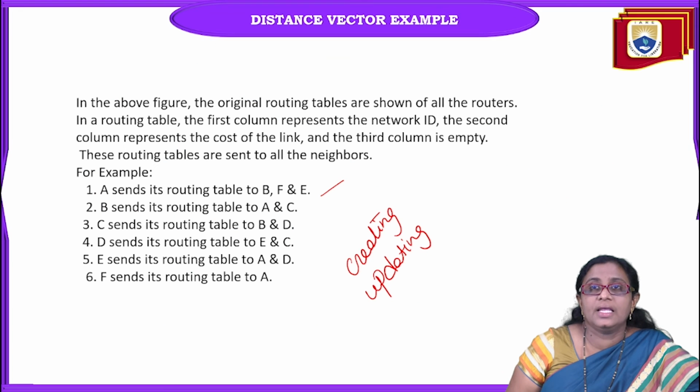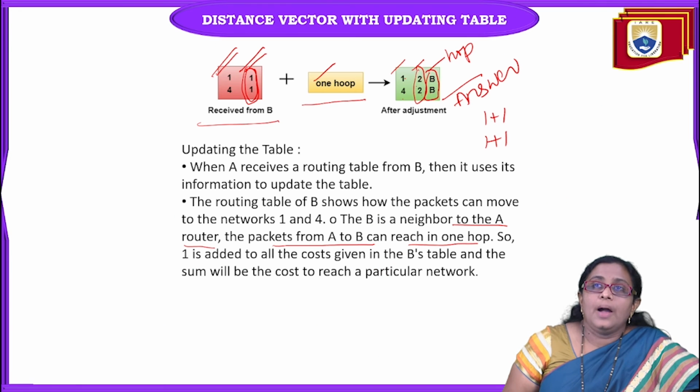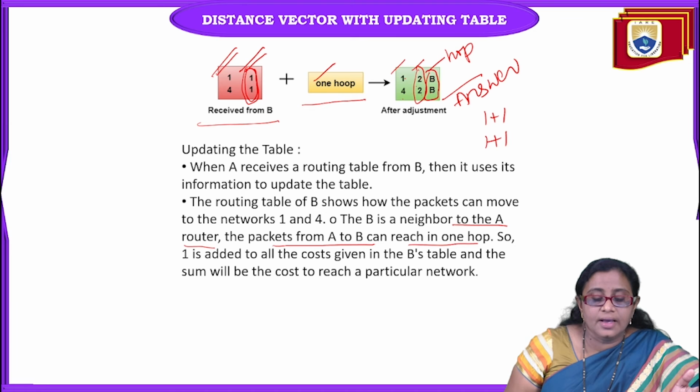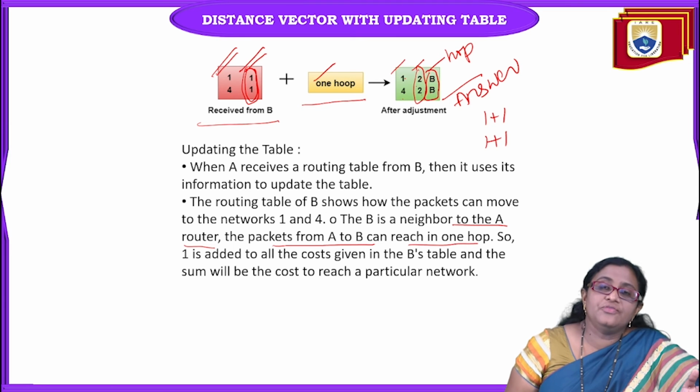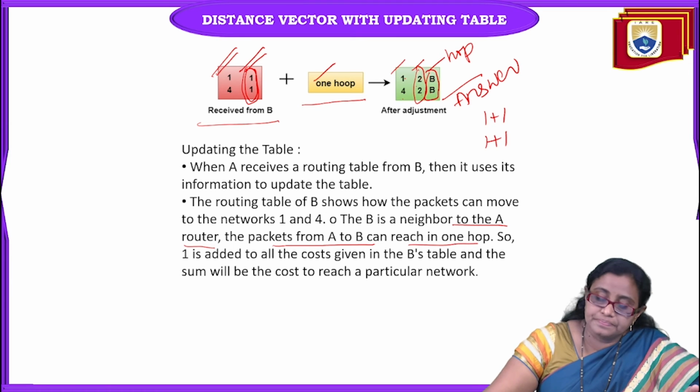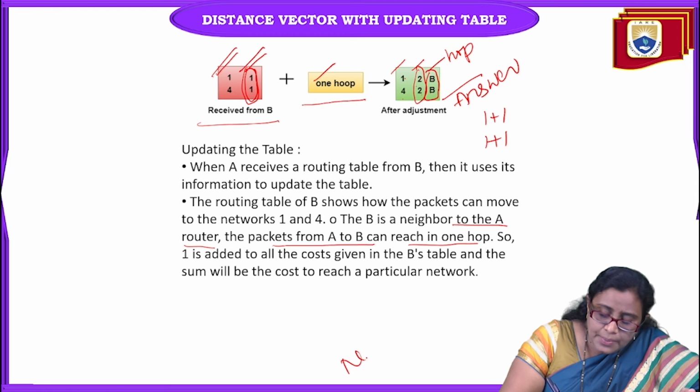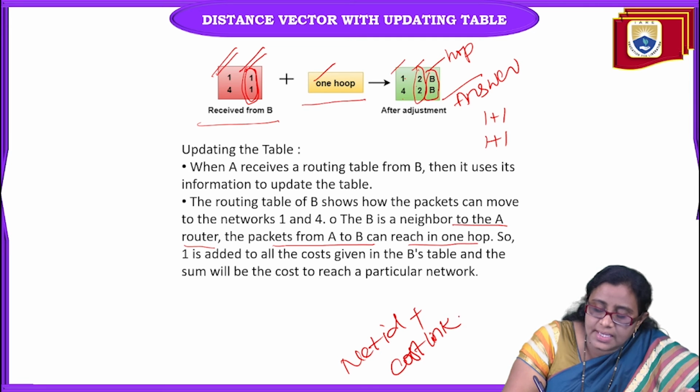Coming to updating the table, it means whatever the network ID, the number of a network ID plus the cost link, or the message passing through one path, is equal to one hop.